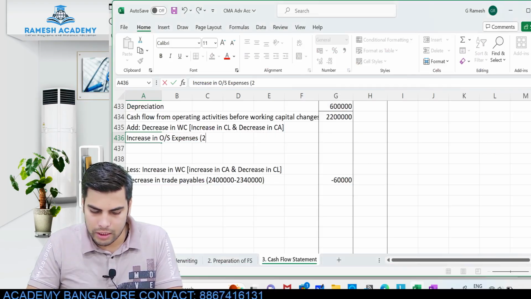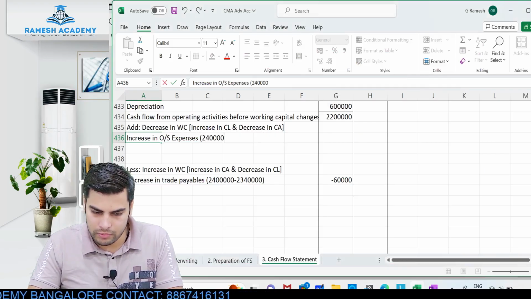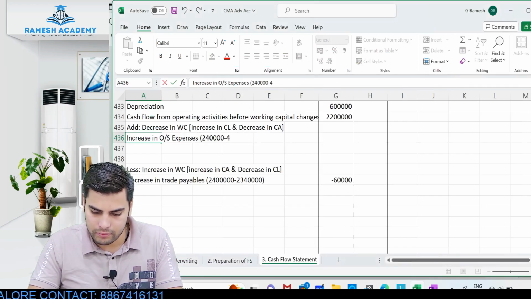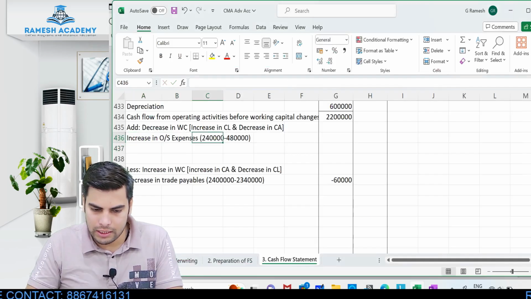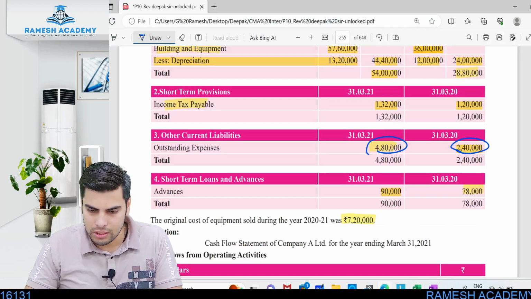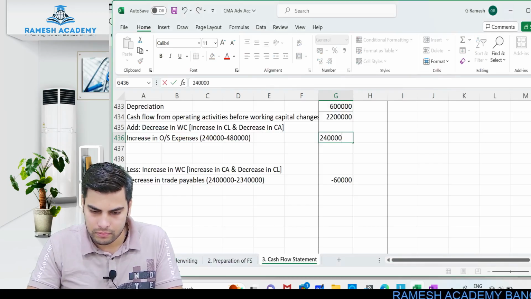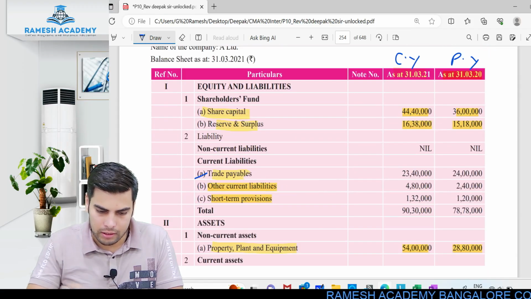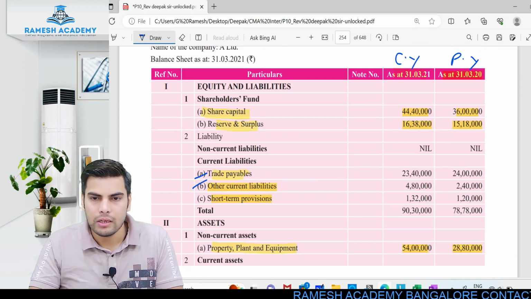From 2 lakh 40,000 it has become 4 lakh 80,000. There's an increase in outstanding expenses to the extent of 2 lakh 40 again. Alright, so this is also done or taken care. Other current liabilities taken care. So what else?